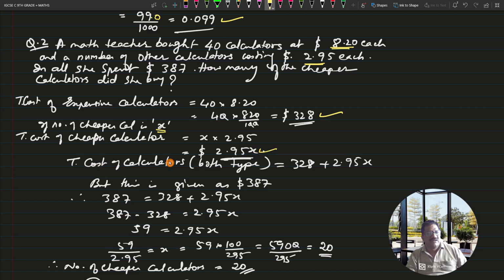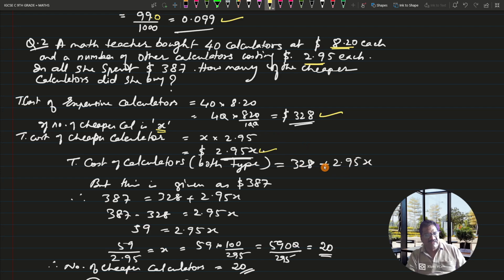Now, the total cost of the calculators, because the teacher had purchased both types of calculators and she spent $387. So the total cost of the calculators, including both types, will be 328, that is the expensive calculators, plus 2.95x, which is the cheaper calculators.